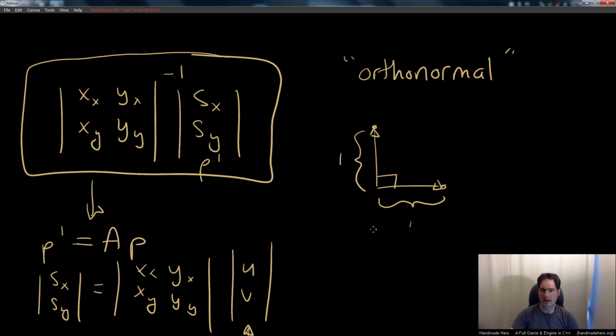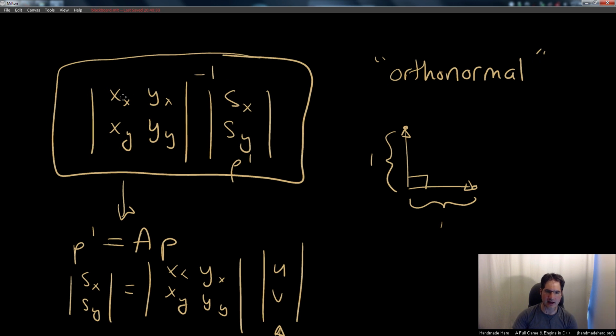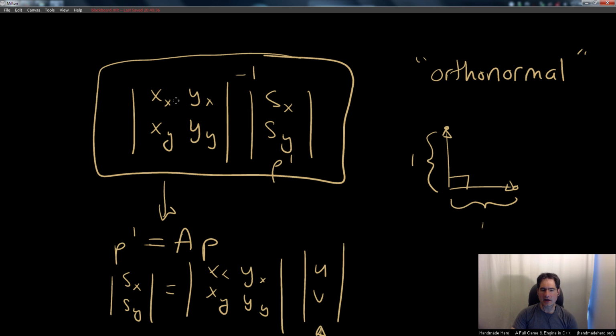Okay? If you have two orthonormal vectors, so say that x and y were orthonormal to each other, then inverting your matrix is as simple as rearranging the terms. You don't even really have to do any work to invert the matrix.